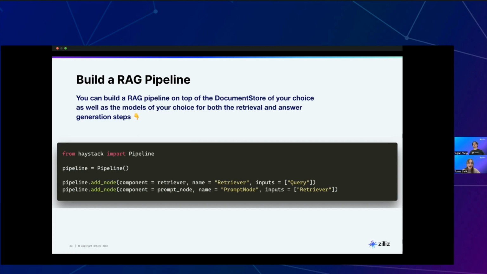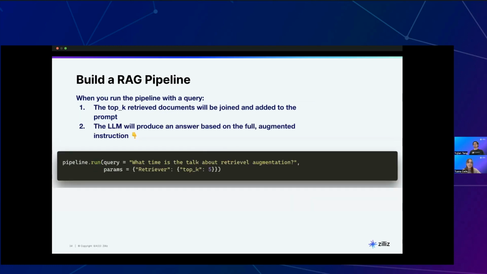And then I simply add a second node called prompt node, and I say to the prompt node that your input is the retriever. So any documents I get out of the retriever are now going to be embedded into the prompt the prompt node is using. And then I simply run this pipeline with the same query to achieve the retrieval augmented prompt that we saw initially.